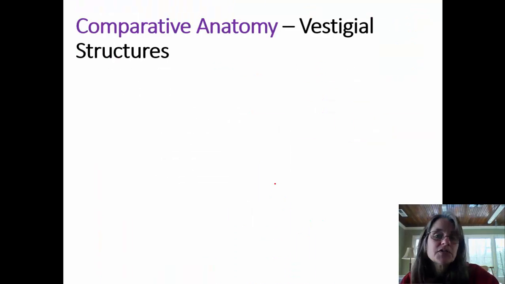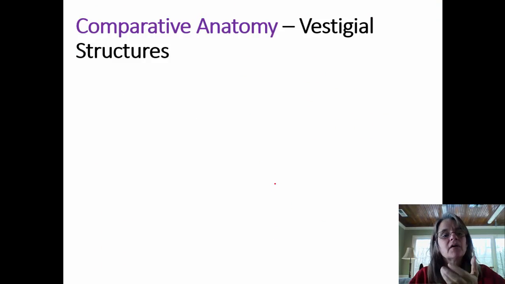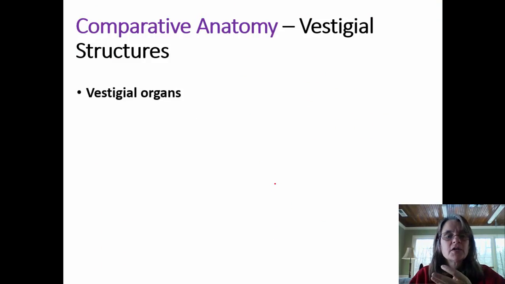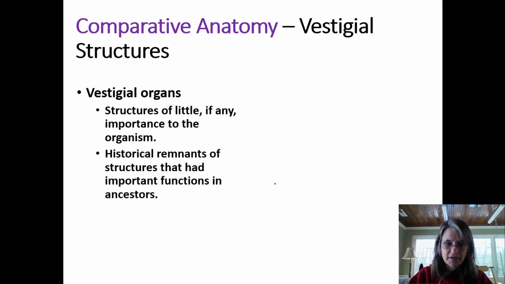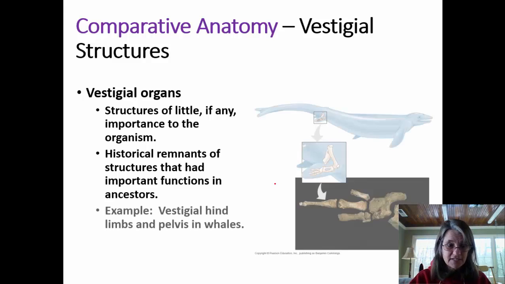Comparative anatomy also shows us something called vestigial structures. Vestigial structures or vestigial organs are structures that an organism has, but they're kind of useless. They don't have very much importance to the organism. What they seem to be are remnants of structures that once had important function in the organism's ancestors.